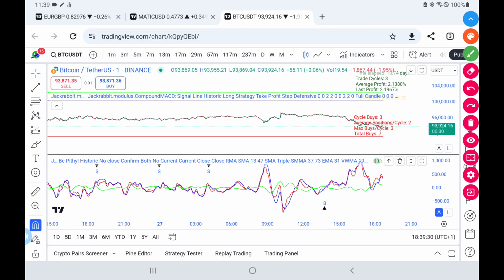Now that we have the DCA loaded and tuned, we can see with the compound MACD settings as they are at the moment, that this strategy made a 2.13% average profit, with the last profit being 2.19%. And it took a maximum of 3 purchases per cycle. So let's go back through the chart and see how that played out.